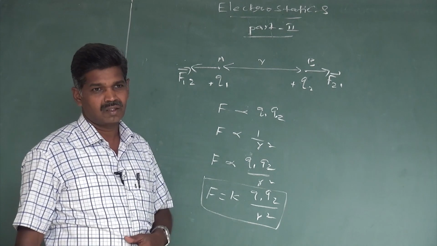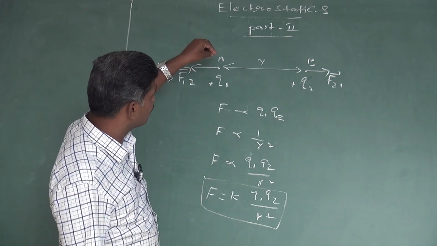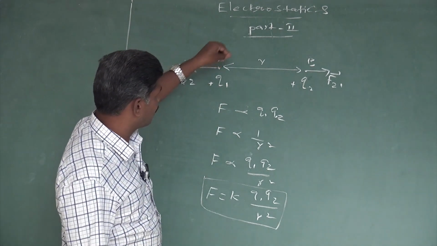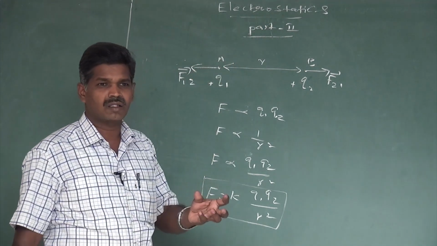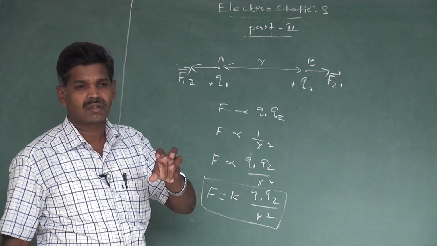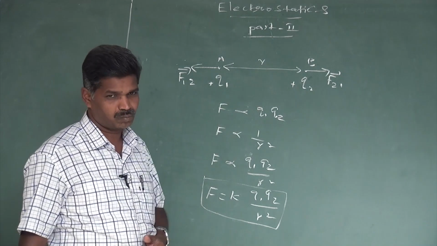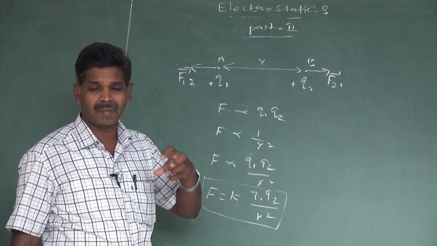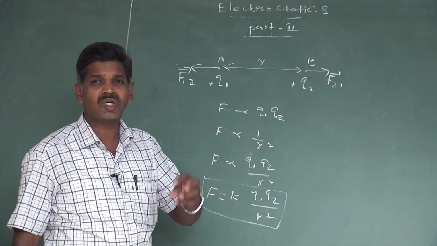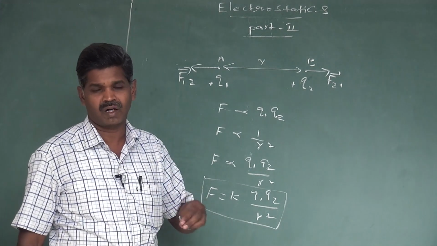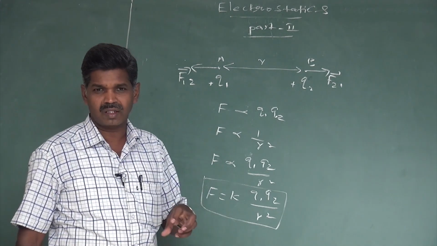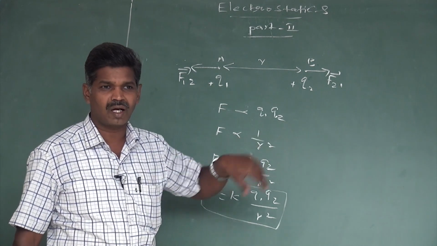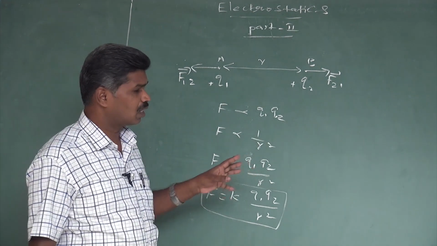Due to the interaction of the electric fields, Q1 and Q2 exert a force on each other. That's why, according to Michael Faraday, any charge in our universe creates an electric field around it.